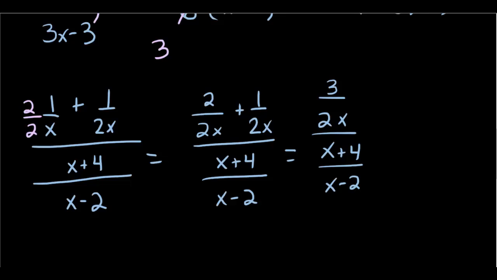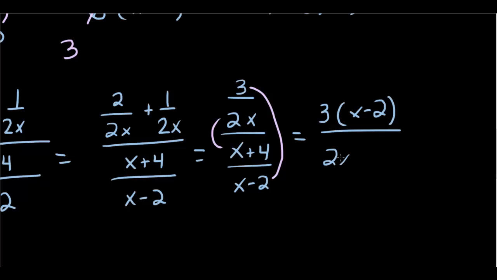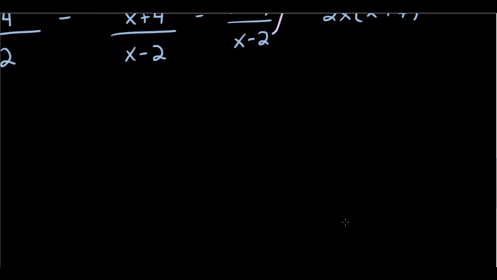And now we do the same thing we did with the other two problems. We're going to multiply the outsides. So we're going to multiply 3 times x minus 2, and then over, we're going to multiply the insides, 2x times x plus 4. And that's the answer.